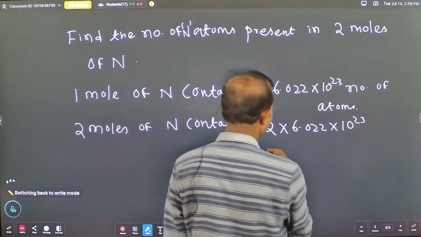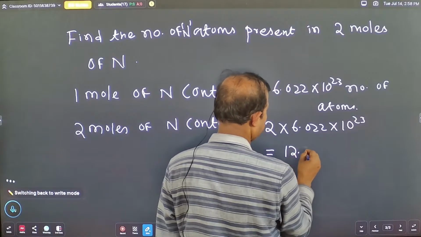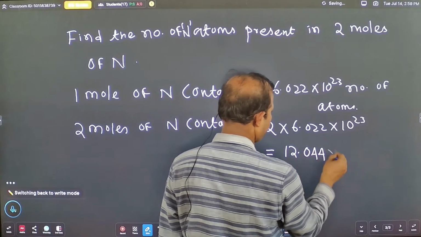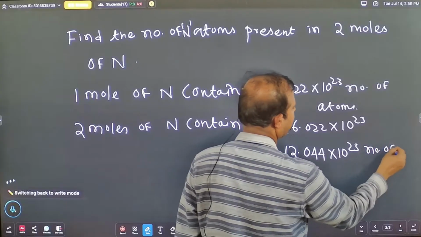That is equal to how many? Yes, 12.044 into 10 to the power 23 number of N atoms.